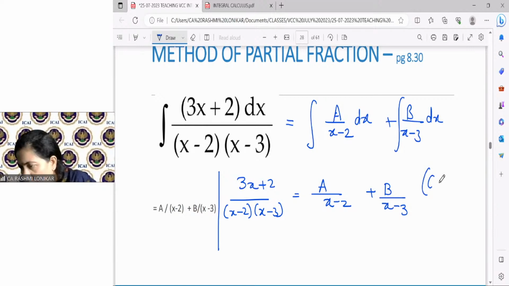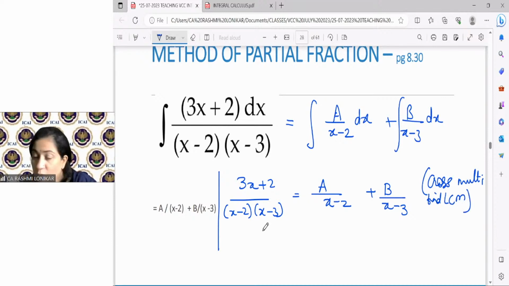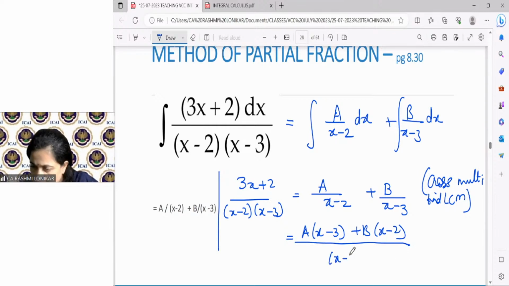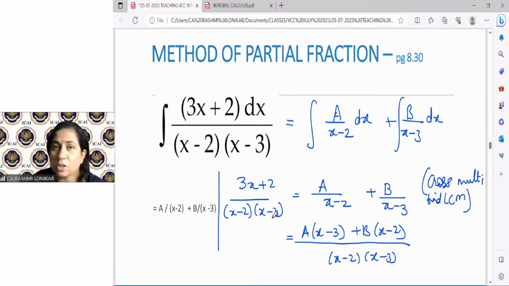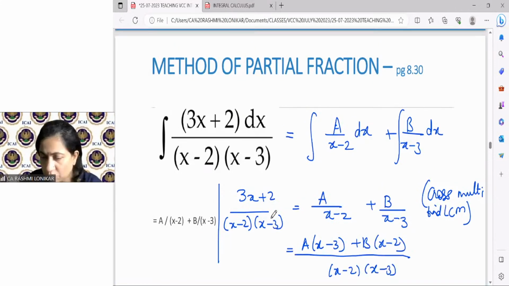I cross multiply or find LCM, whichever method you remember. So this is going to give me a into x minus 3 plus b into x minus 2 upon x minus 2 and x minus 3. Can you see on the left hand side and the right hand side the denominators are the same? So I can remove those denominators.